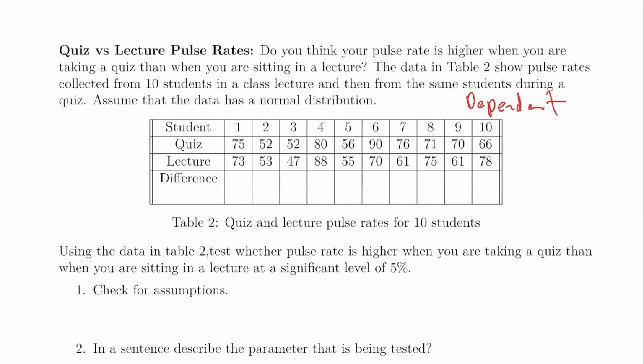What we're going to do first is check the assumptions. We'll go in order so it won't be confusing. Do I have to check the central limit theorem here, or is it okay to skip it? Is it absolutely necessary to check it?